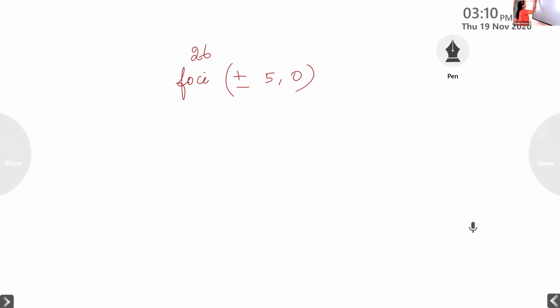The length of the major axis is 26, and the foci are given as plus or minus 5, 0.